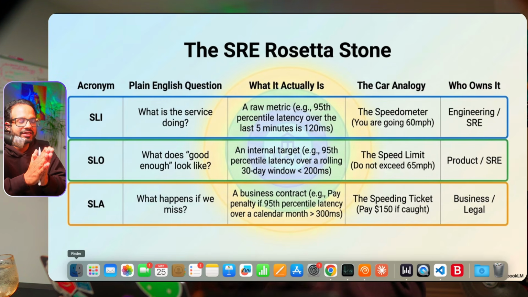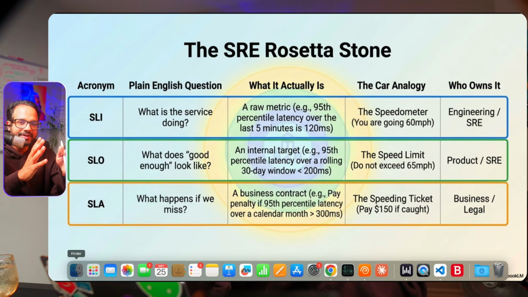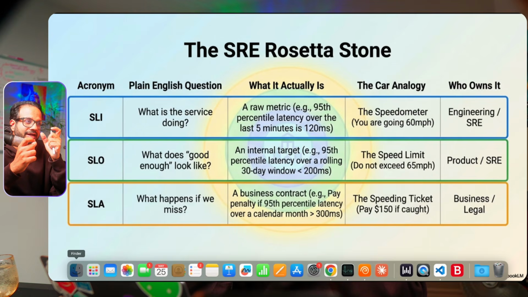In the car analogy, if you are going above, let's say 90 miles per hour in an 80 miles zone, then you will get a speeding ticket of $150. That's your fine for breaching the service level agreement. It is also called an SLA breach. And it is completely owned by business and legal teams.